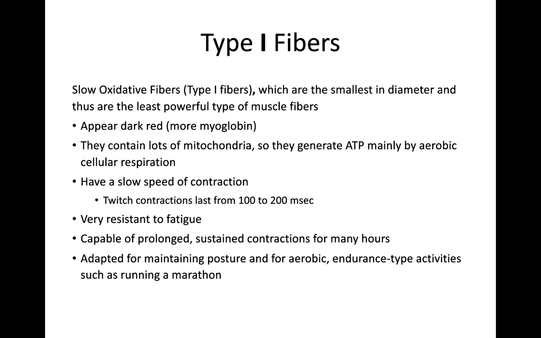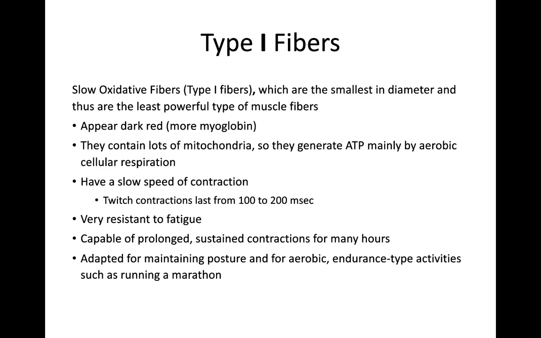Type 1 fibers can be described as slow oxidative, and that's because they are the slowest as far as contracting goes. Oxidative means that they make their ATP predominantly using oxygen. Now, oxidative doesn't technically mean using oxygen. That's what aerobic means, but that's an easy way to think of it. Oxidative, think oxygen. So they're slow, but they produce ATP aerobically.